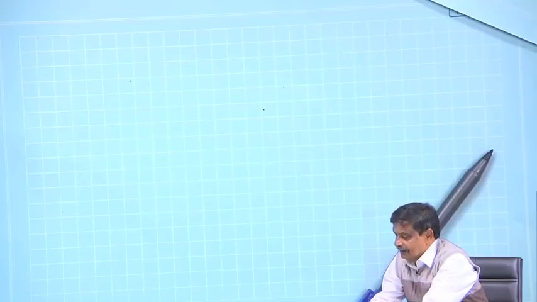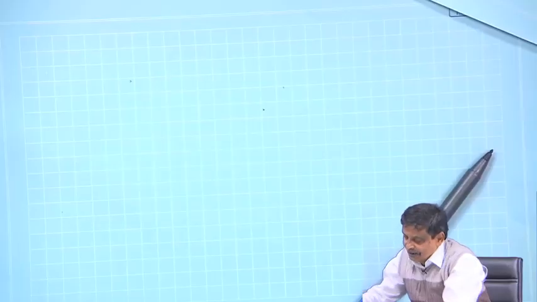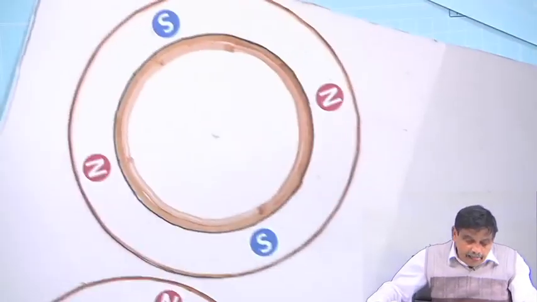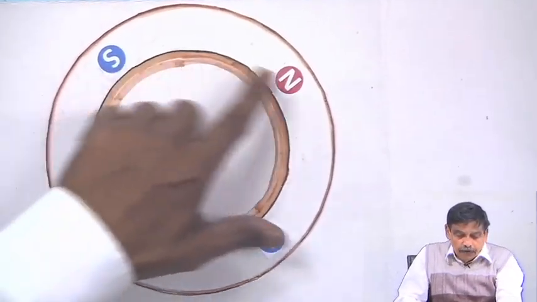Okay. Some diagrams have been made, so I will try to use those, although I was drawing roughly. For example, you see, it is a 4 pole machine.